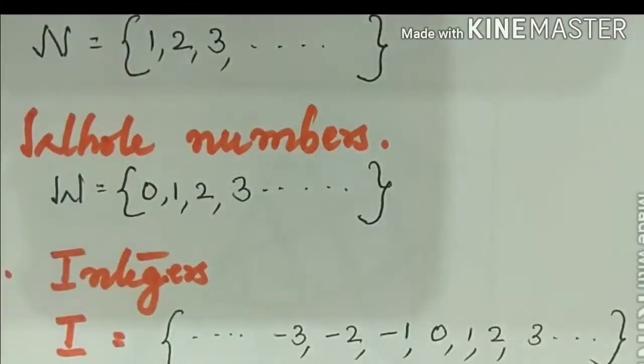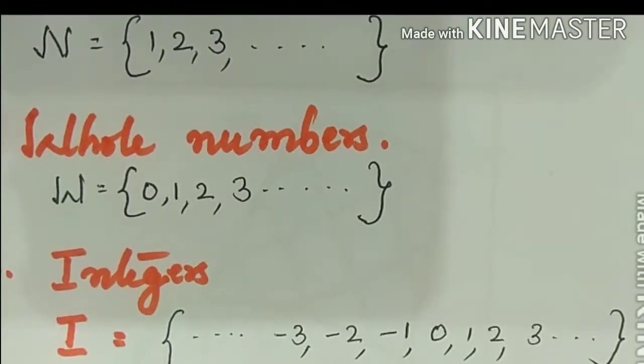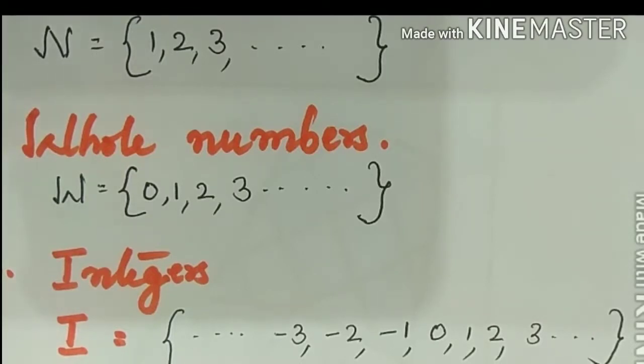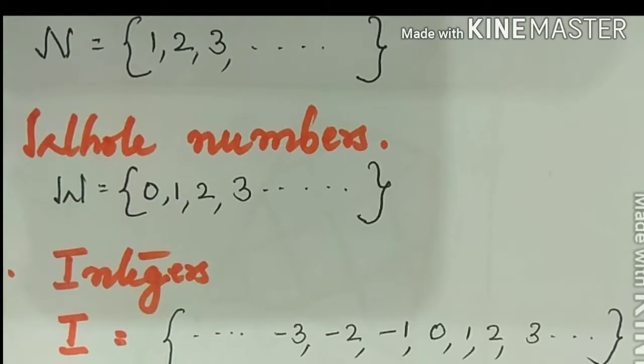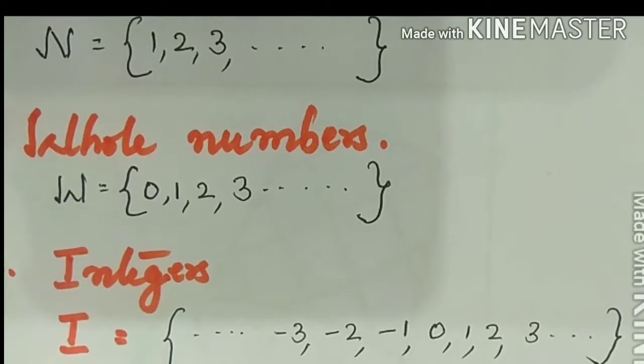The set of integers is represented by the letter I. So, integers is equal to the set from minus infinity to minus 3, minus 2, minus 1, 0, 1, 2, 3, up to plus infinity.